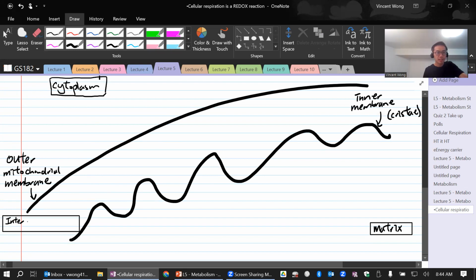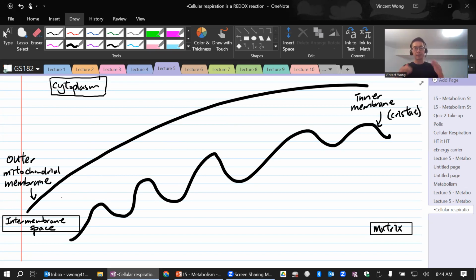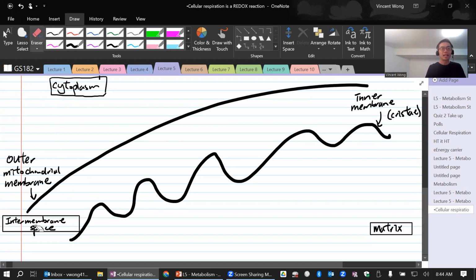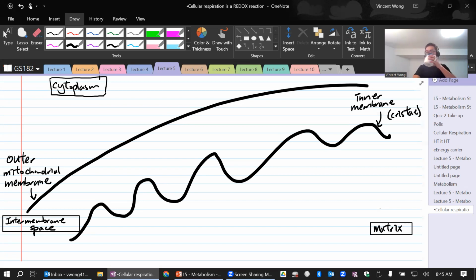That's all right. That is the intermembrane space. So we got the outer membrane. We have the inner membrane that's folded up into the cristae. And the space between the two layers is called the intermembrane space. And then the innermost portion of the mitochondria, as you know, is called the matrix.